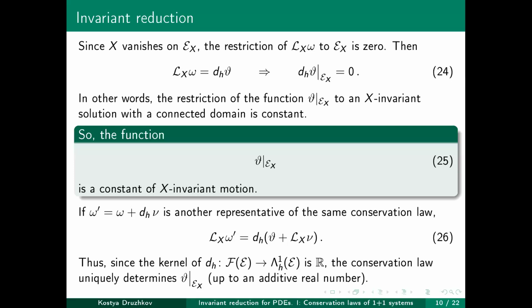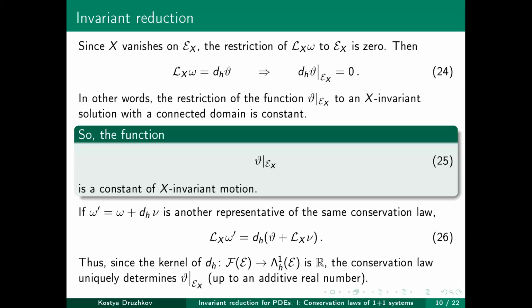That is why the constant of X-invariant motion is not a conservation law of epsilon X, because conservation laws of epsilon X are still horizontal one-forms, or at least they can be represented by horizontal one-forms, not horizontal zero-forms. But in this case, the reduction mechanism gives us a horizontal zero-form. And this horizontal zero-form is an analog of first integrals for ODEs. I'm going to demonstrate that a bit later.